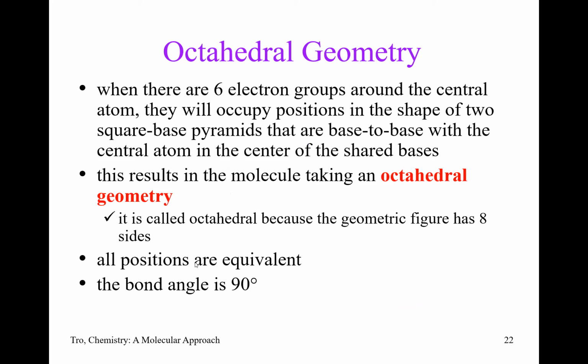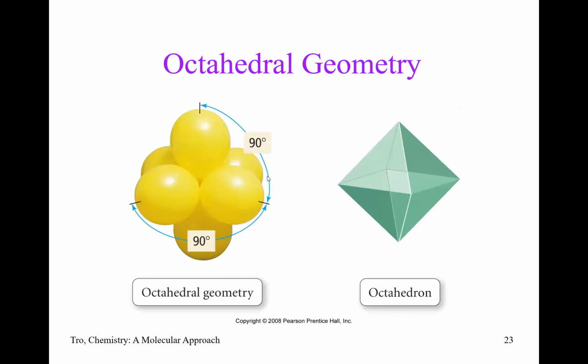Before you had the 120 degrees and the 90 degrees, but now, just go to the picture. Now it's a square with an atom on the top and the bottom. Everything's 90 degrees, so it doesn't matter which way you turn it. In this octahedron shape, the face is a triangle, but every side of it looks identical. It doesn't matter which way you twist or turn it.